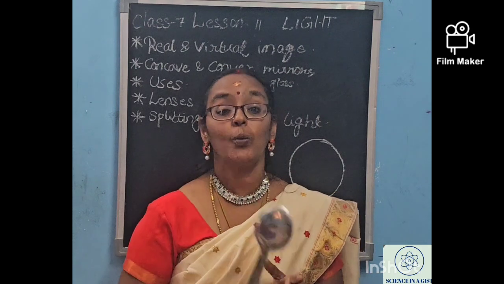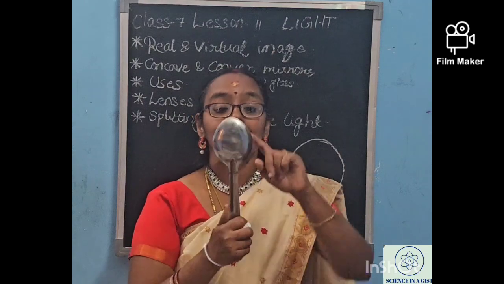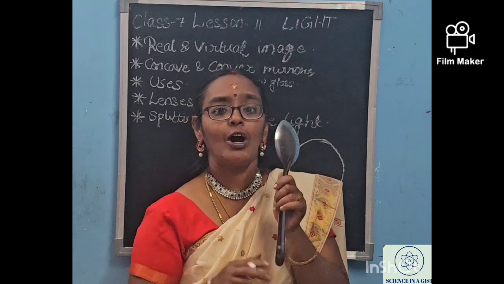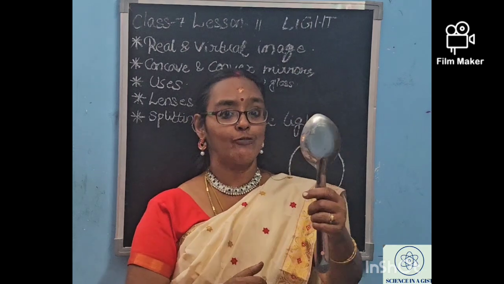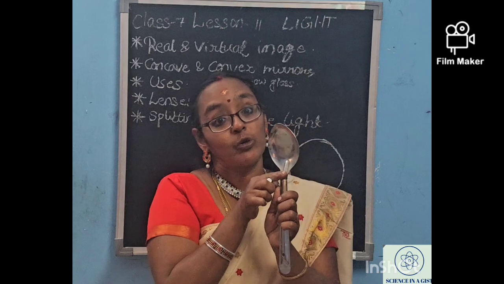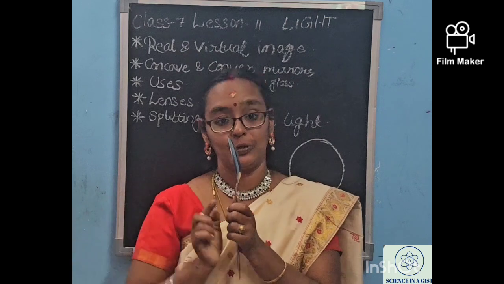If it is a new one, it will be much better. You can see your face on this part as well as on this part, isn't it? If you view your face in the spoon, in the curved inside you can see your face, and on the outward side also you can see your face.